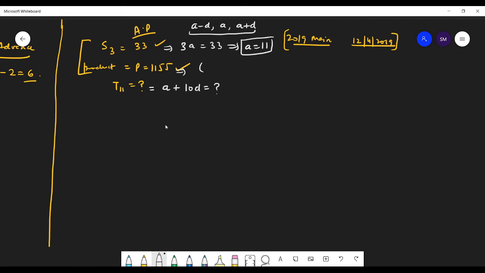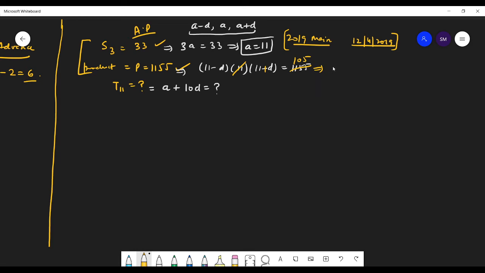d is plus minus 4, so you will get 3 terms. Let's do it. Put the value of a here. A is 11. So 11 into d into 11 minus d, that equals 1155. 11 plus d, so 11 squared minus d squared.